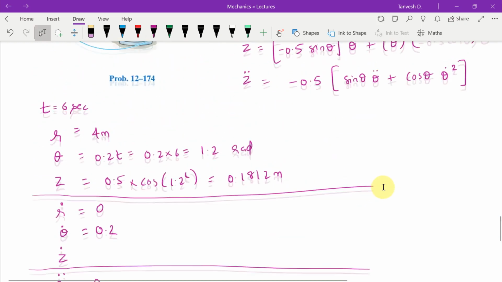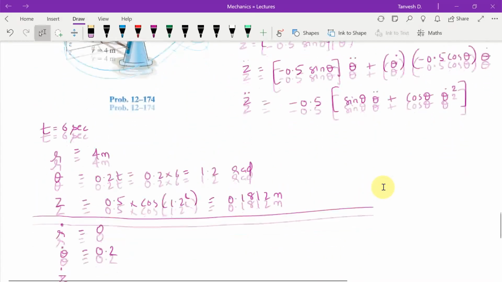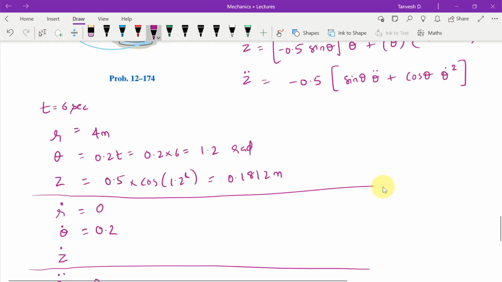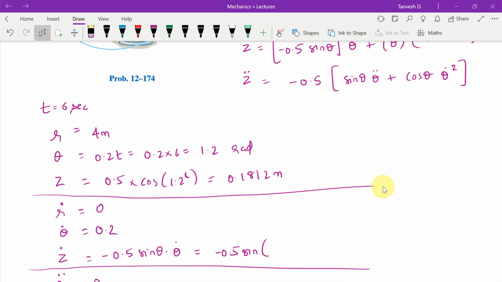Z dot is minus 0.5 sine theta dot, which is minus 0.5 sine of 1.2 radians into theta dot 0.2, which is equal to minus 0.0932 meters per second.